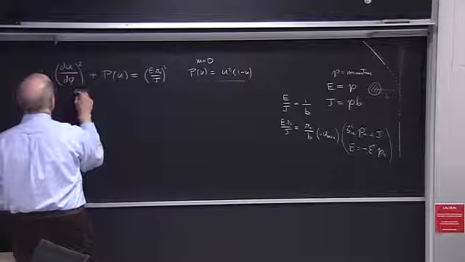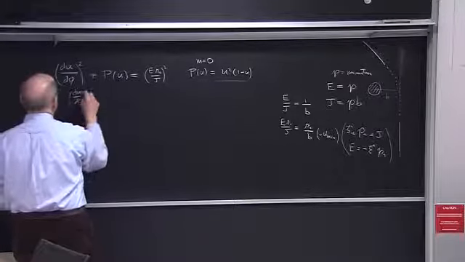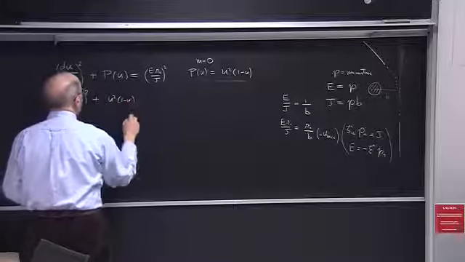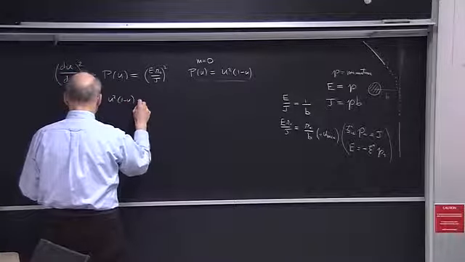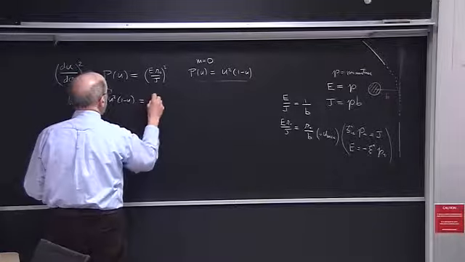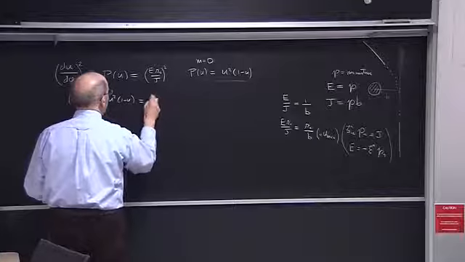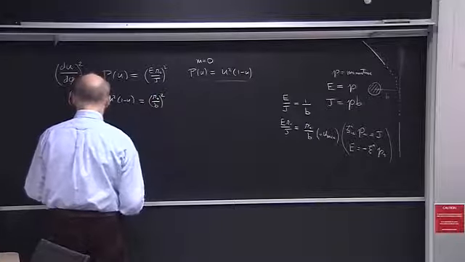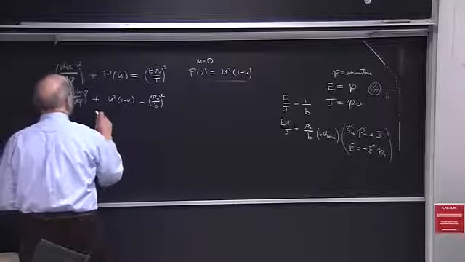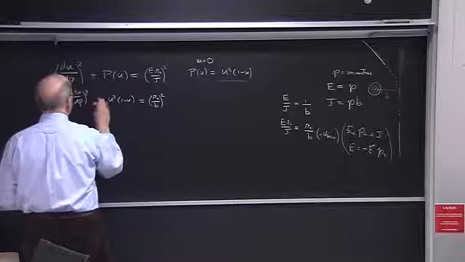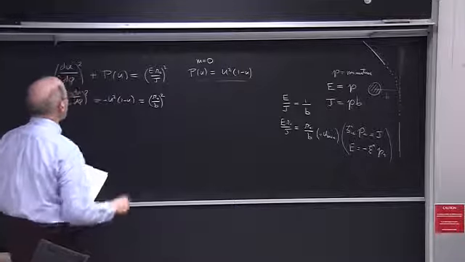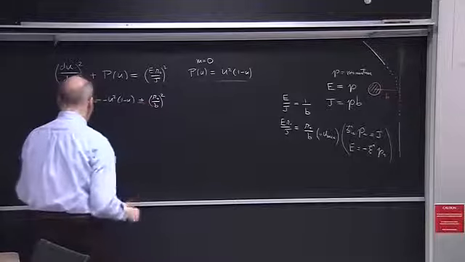So (du/d phi) squared plus u squared times (1 minus u) equals (r naught over b) squared, or (du/d phi) squared is equal to minus this plus (r naught over b) squared.